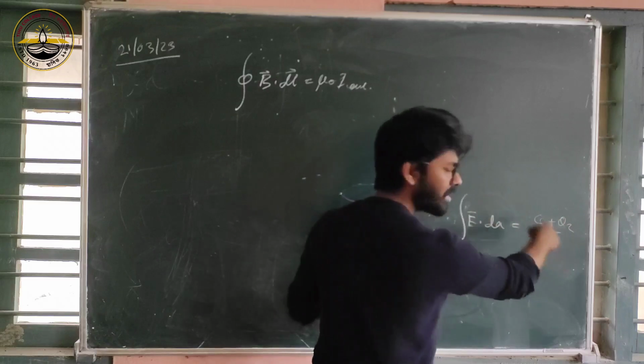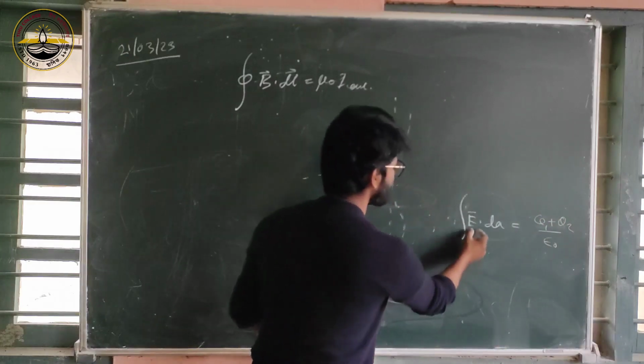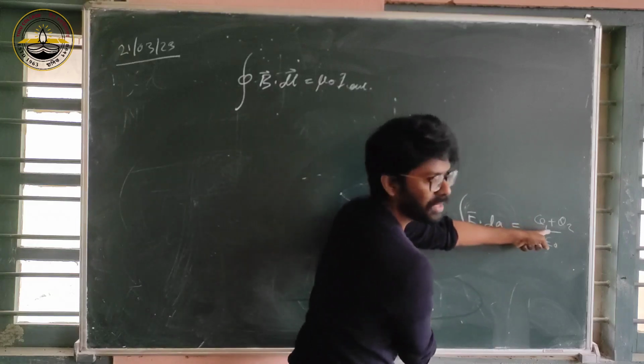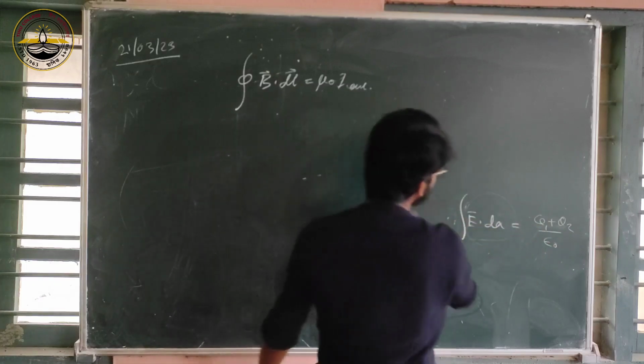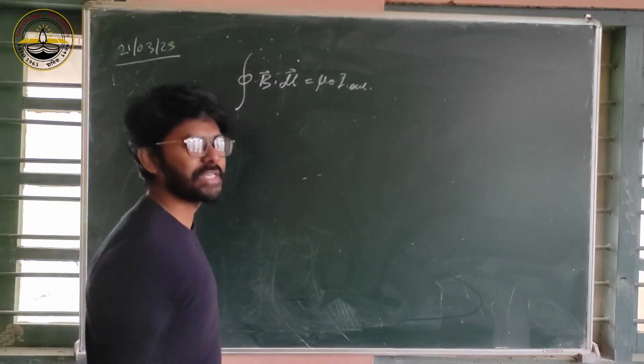But the integral form is still valid. The field will just be different at different points, and the integration will still turn out to be total charge divided by epsilon naught. So Ampere's law is like Gauss law in magnetostatics.